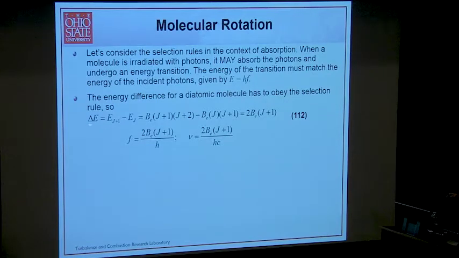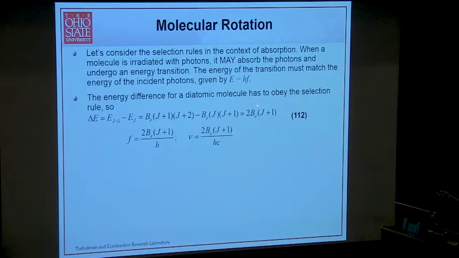So our change in energy can be simply, if we take our selection rule being delta J equals plus or minus 1, we can just look at the difference of energy between J plus 1 and J. The transition that was J to J plus 1 now becomes J plus 1 times J plus 2, minus J times J plus 1.